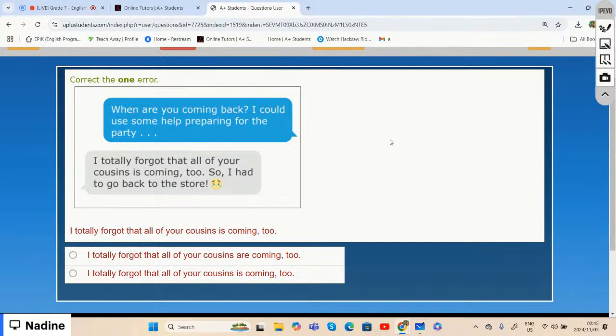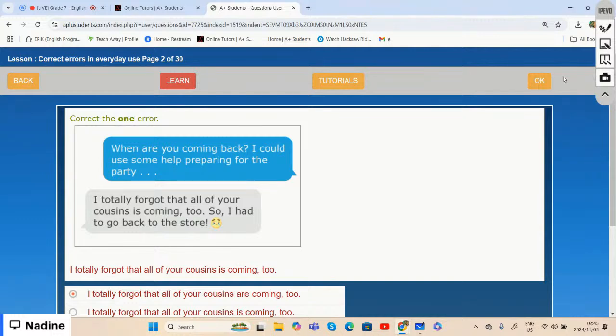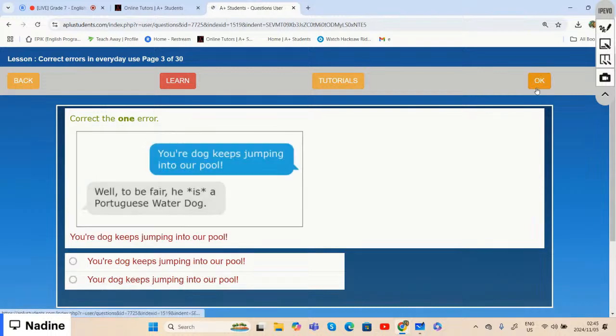So instead of saying "is," because if you say "is," then we're referring to one cousin, but "are" refers to more than one cousin. So "are" is option one. I forgot your cousins are coming, not "is" coming. "Is" refers to one person.